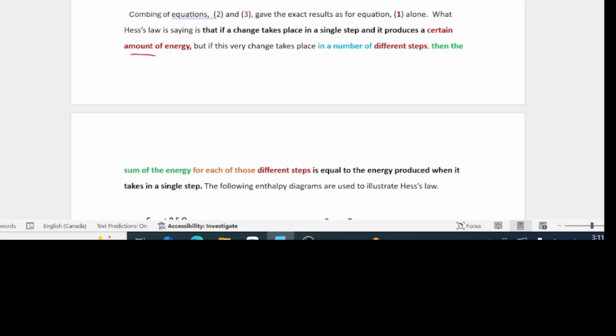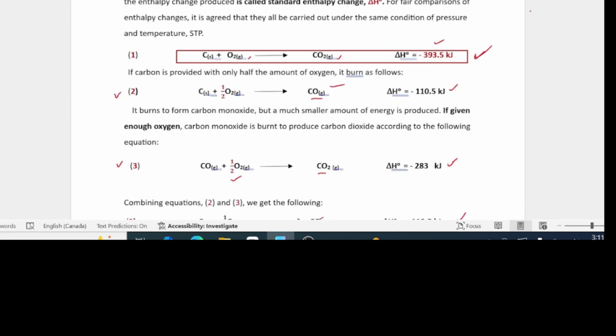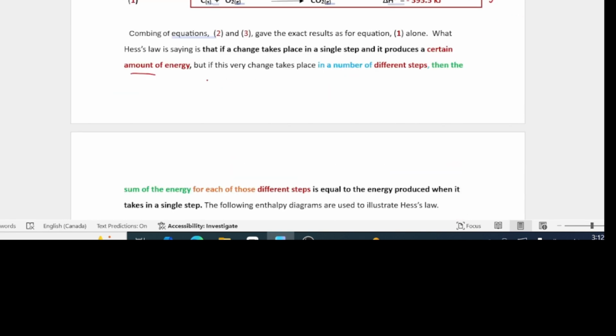So Hess is saying that if a change takes place in a single step and it produces a certain amount of energy, as happens here, but if this very change takes place in a number of different steps, then the sum of the energy for each of those steps is equal to the energy produced when it takes place in a single step.